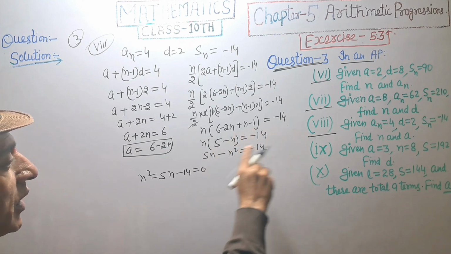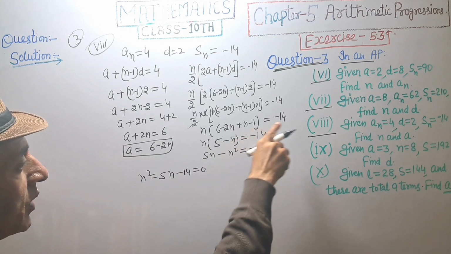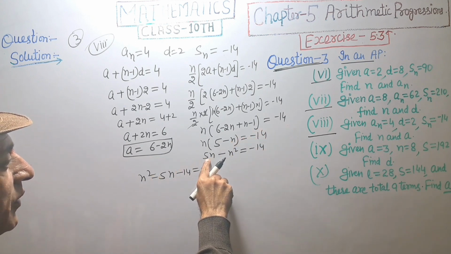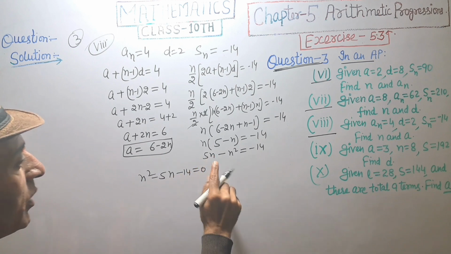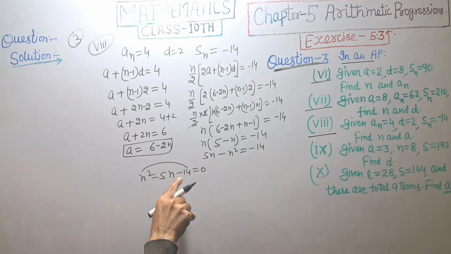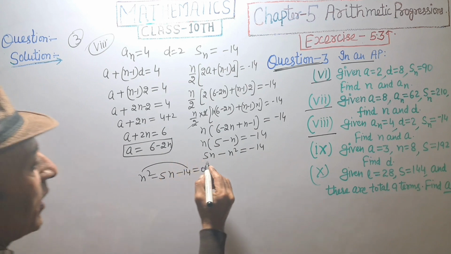We are shifting left side to right, then minus n square becomes positive n square, 5n negative, minus 5n minus 14 equal to 0, and splitting the middle term, 7 2s are 14 and 7n minus 2n, that is equal to 5n.